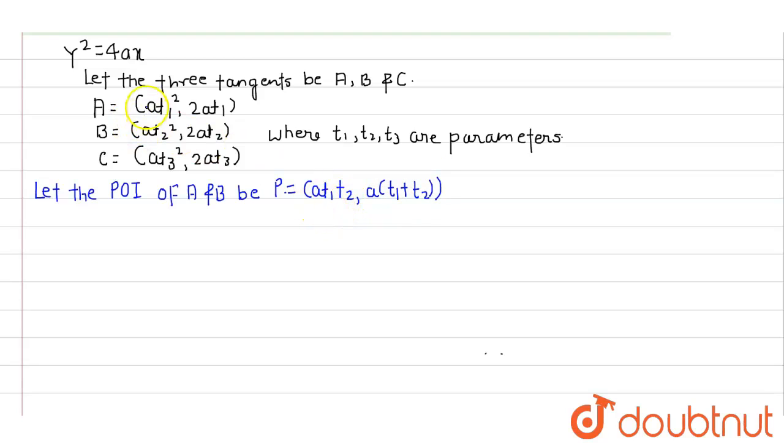If you put it in either equation, we'll get this point only. So this is the point of intersection of A and B.